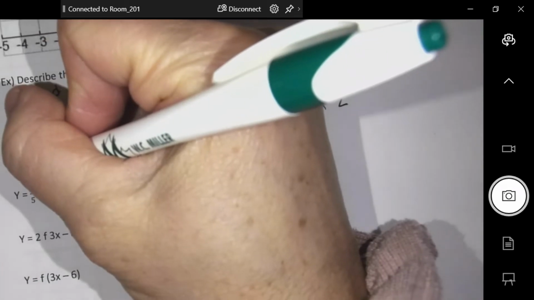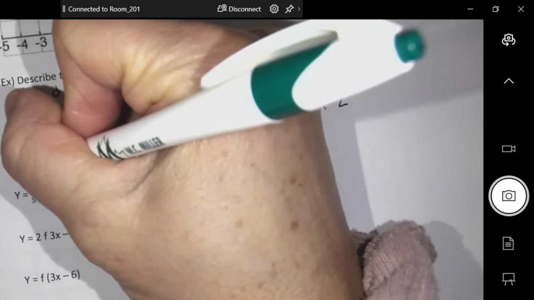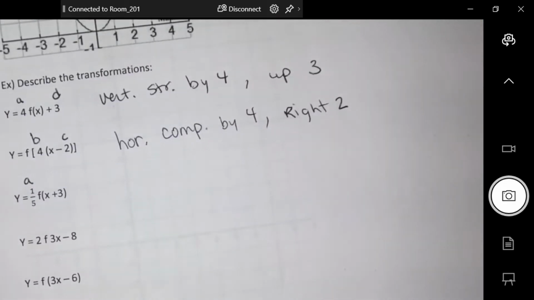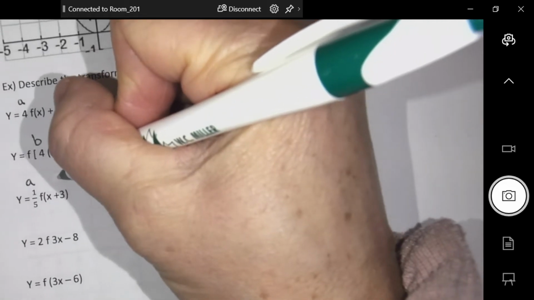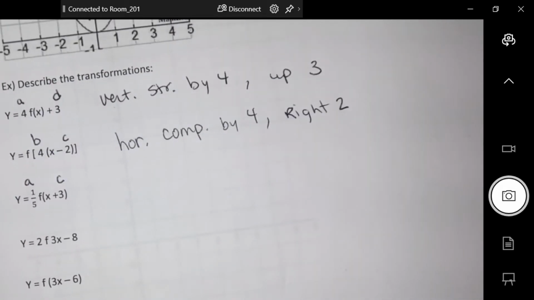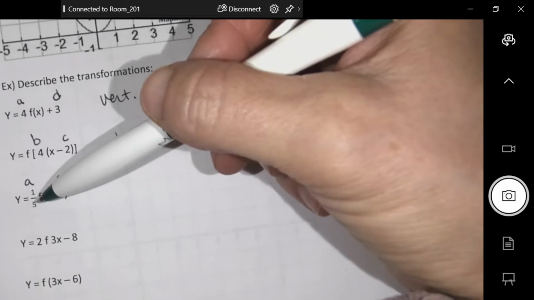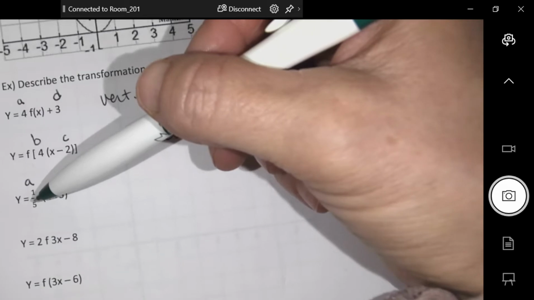Okay, we have a 1/5. Which letter? That's an A letter. And 3, that's a C. So A is a small number. So what happens if you vertically get smaller?